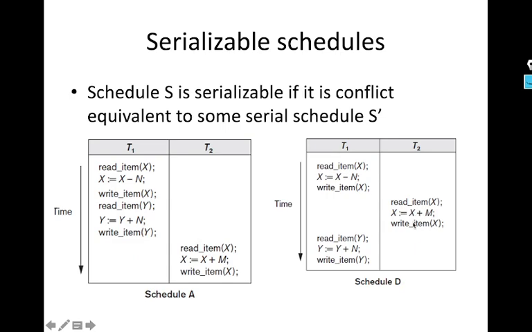Then another conflict is write item of X, but there is no other conflict because we are reading a different item. So the conflicts are resolved in the same order, and we can say that schedule D is equivalent to schedule A.